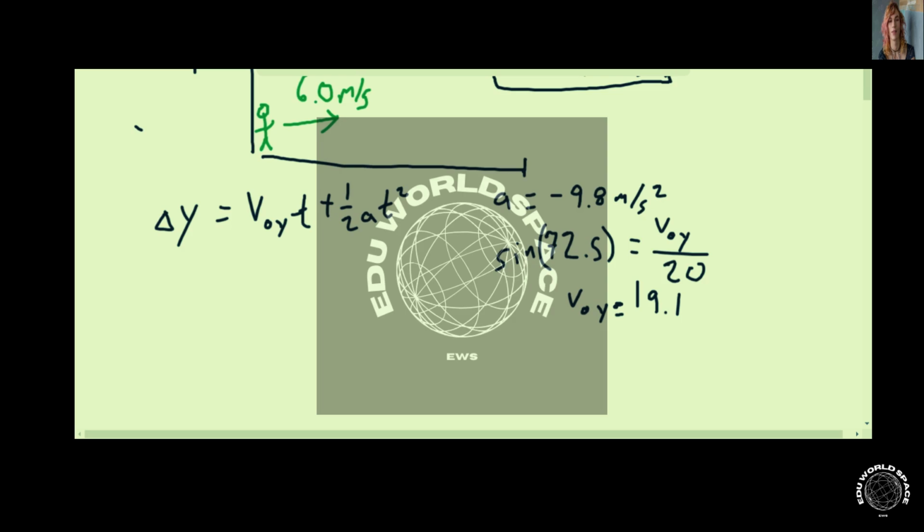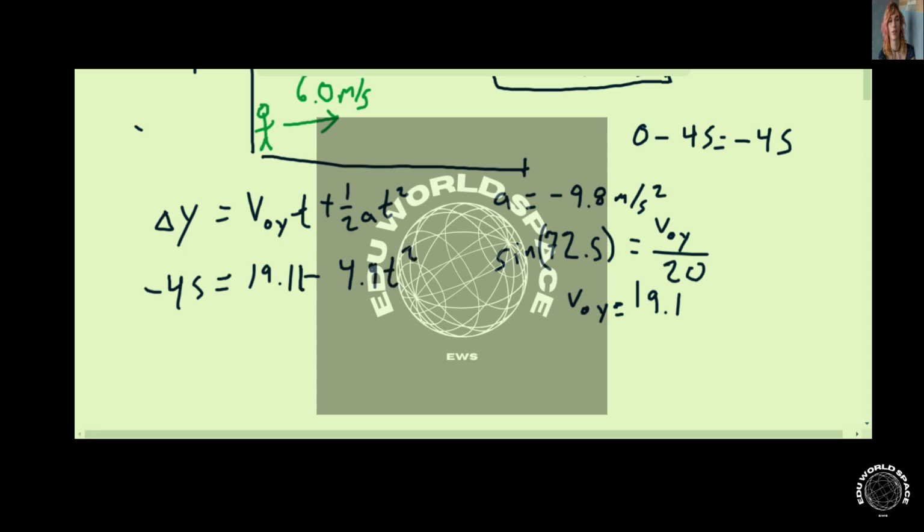So now our delta y: the ball ends at height 0 and it starts at a height of 45. So delta y is going to be 0 minus 45, which is negative 45. So we can plug everything in. Negative 45 is equal to 19.1 t minus 9.8 divided by 2, which is 4.9, t squared.